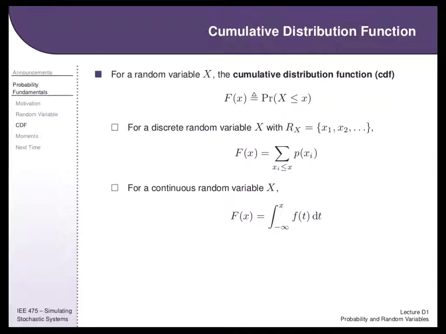They're defined as the probability that your random variable is less than or equal to the argument of the function. So F of little x is the probability that the random variable is less than or equal to little x. For a discrete one, you add up all of the outcomes less than the argument. For the continuous one, you integrate from minus infinity to x.